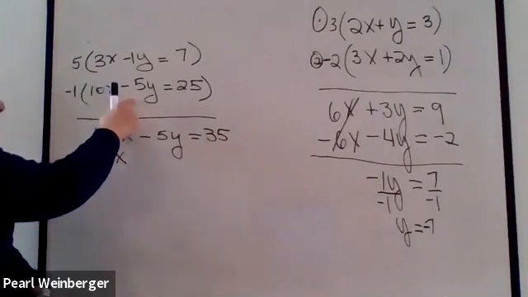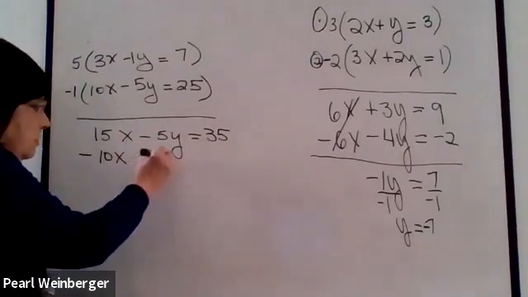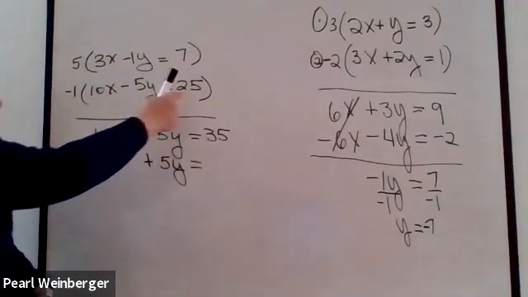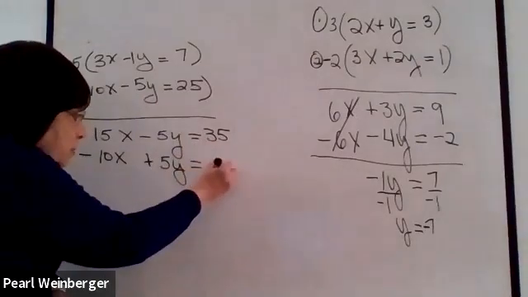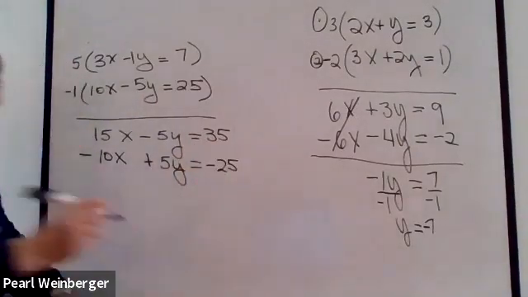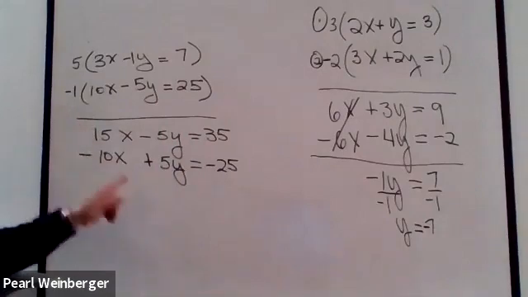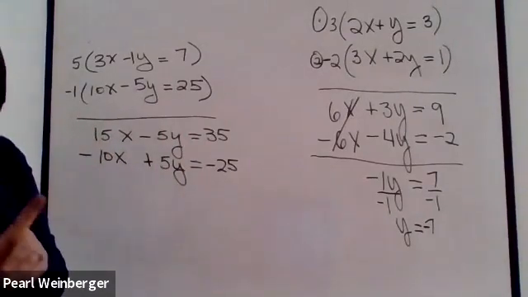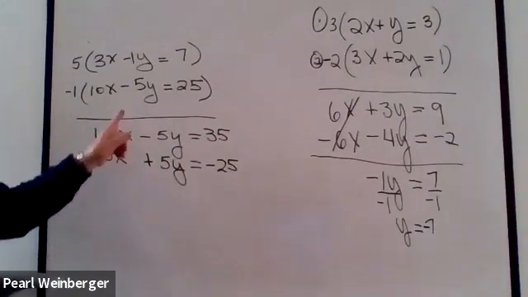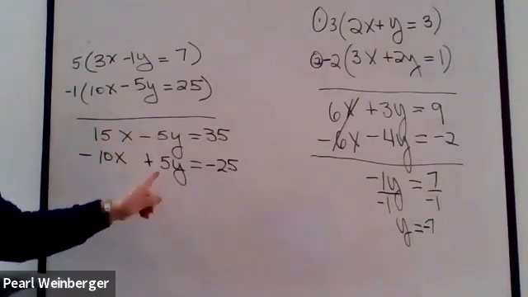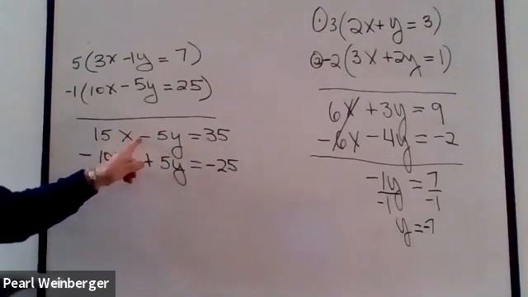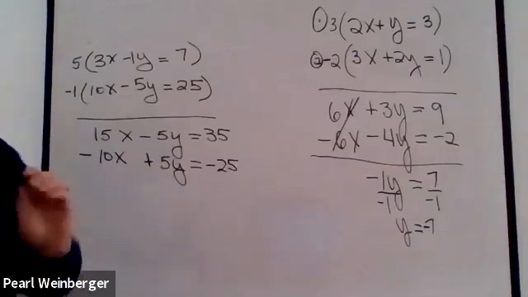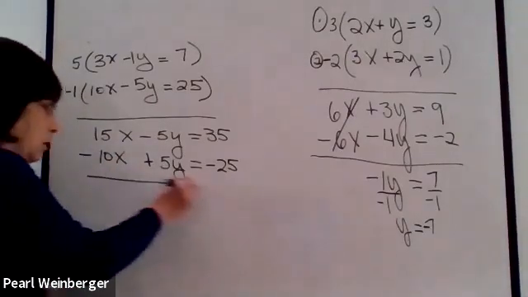Negative 1 times negative 5y is positive 5y. And negative 1 times 25 is negative 25. And I'll know I'm on the right track. Remember, I decided it was the y's that I wanted to get rid of. And I look at the numbers in front of the y's, they're both 5's, but one is positive and one is negative. That will mean when I add, the y's will be eliminated.